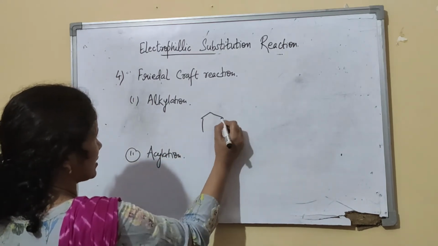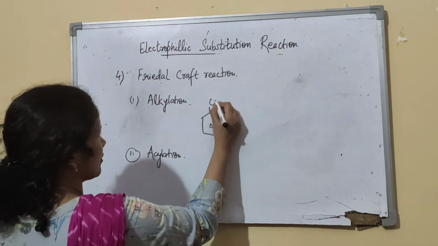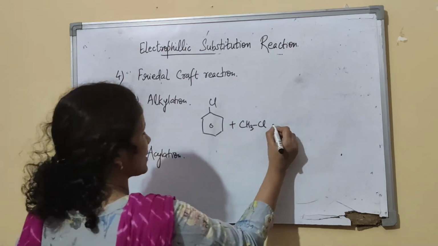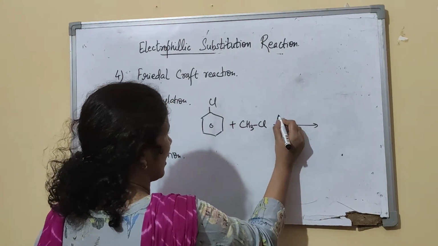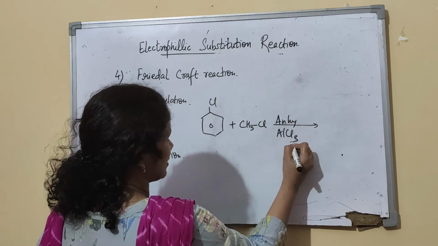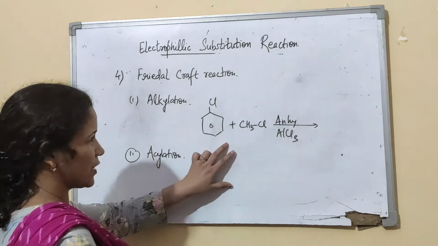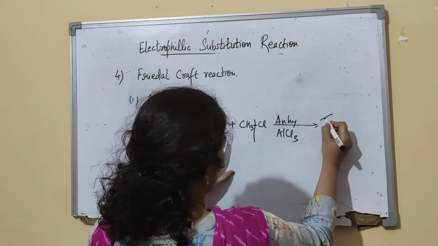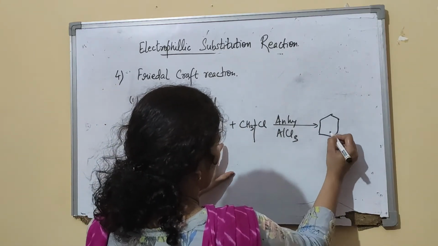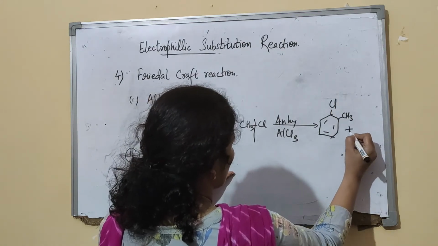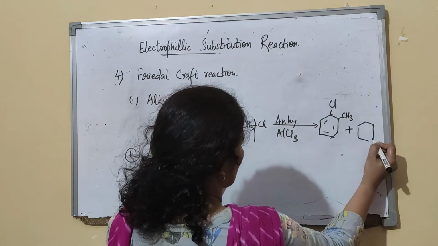We react this chlorobenzene with methyl chloride in the presence of anhydrous AlCl3. This catalyst is always fixed. What will happen? You break this, you take out hydrogen, one time ortho and one time para product.